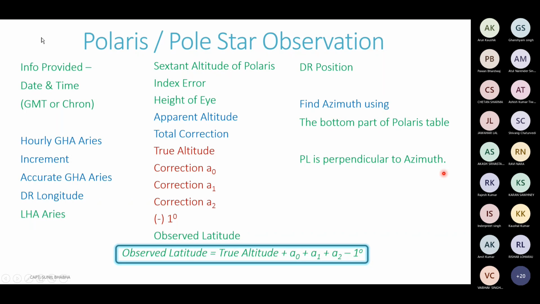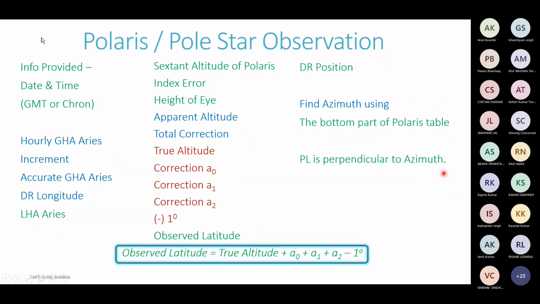Now, I told you to keep in mind that there are two LHA Aries values, two columns, where the azimuth of the pole star is exactly 000.0. Now, why is that important? If the azimuth is exactly 000.0, the PL is going to be perpendicular to it. The PL will be running in the east-west direction. If the azimuth is exactly north, the PL also would be exactly east and west.